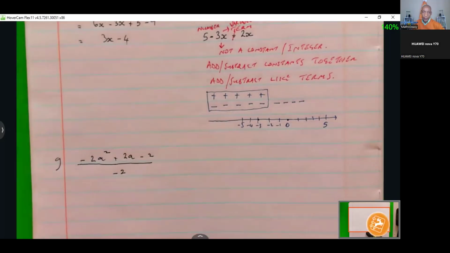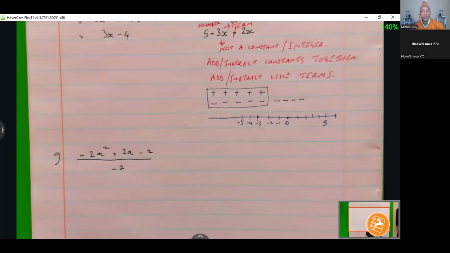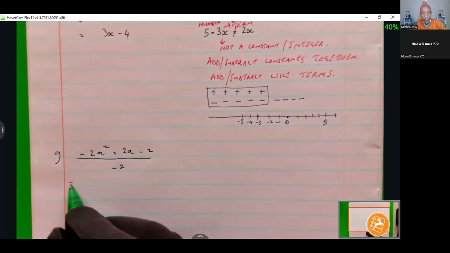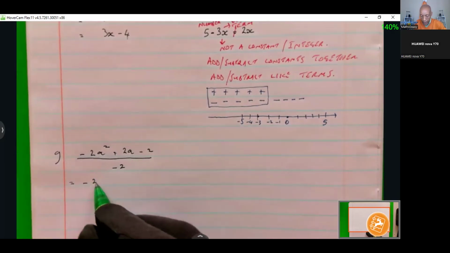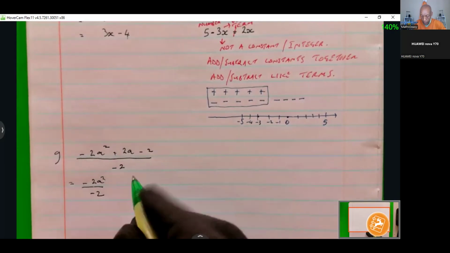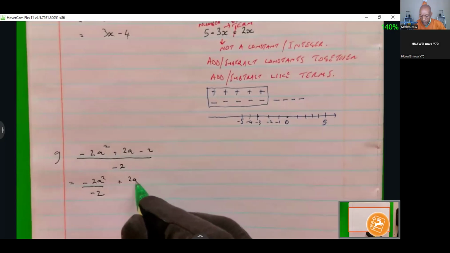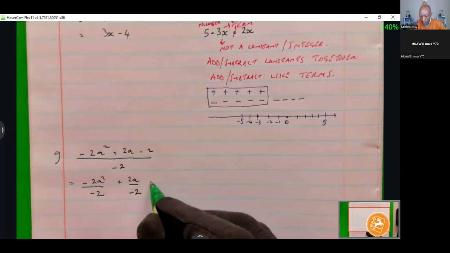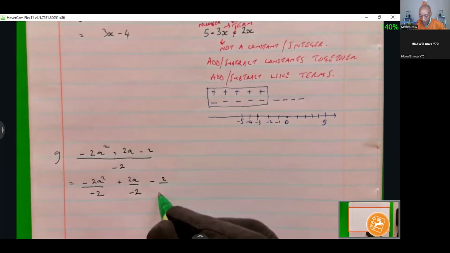All right, so for this one, do you know where to start? Right. So it's just like numbers. This is the same as saying this one is divided by the negative 2. It's also saying that this one is divided by the negative 2. Then it's also saying that that one is divided by negative 2.